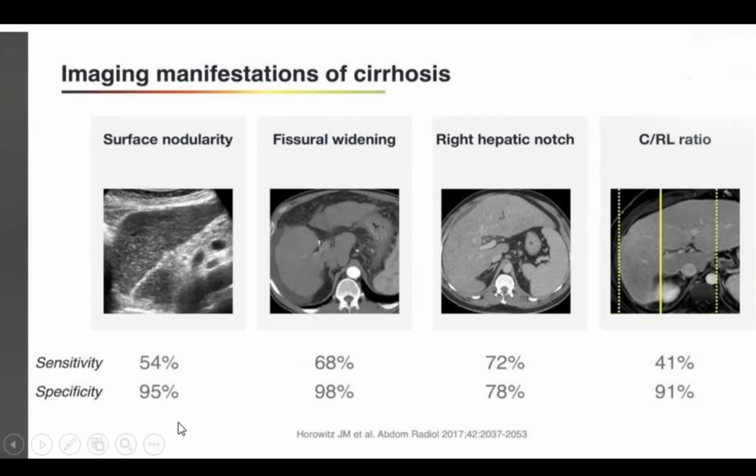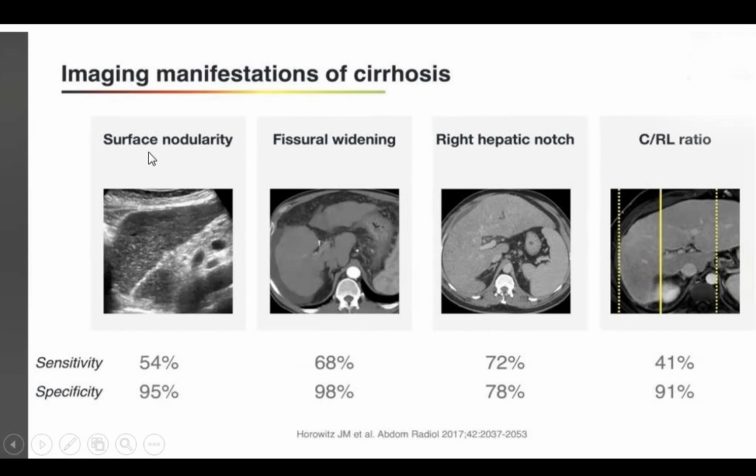If we have these signs in a patient, they are very specific for liver cirrhosis. But if we don't have them, it doesn't mean that you don't have liver cirrhosis. So their sensitivity is low, with relatively high specificity. If you see them, this is cirrhosis. If you don't see them, it might still be cirrhosis.